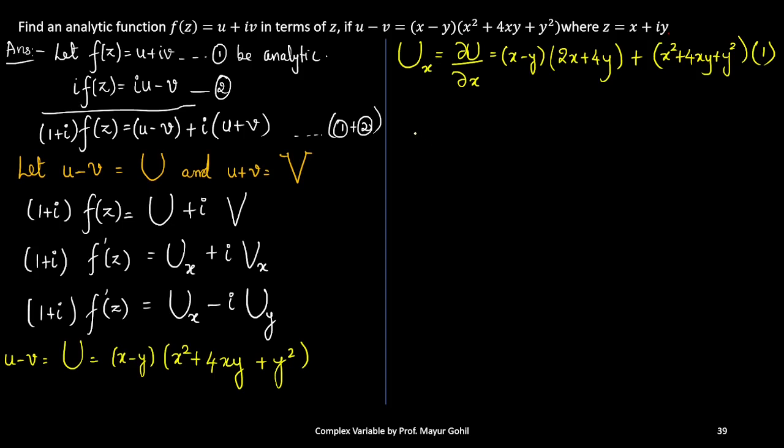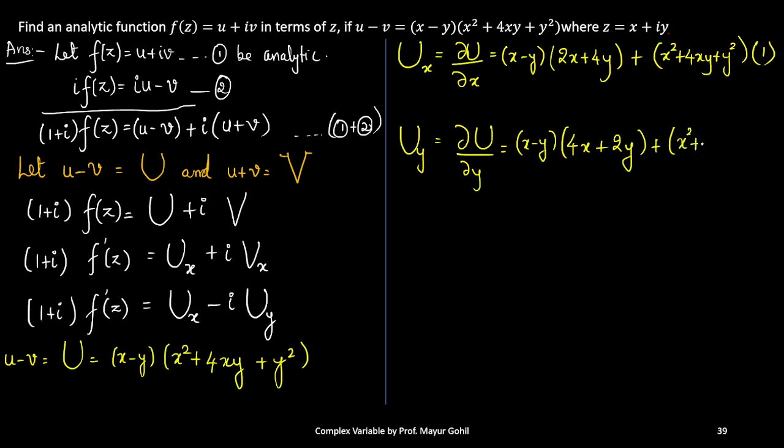Now we write U suffix y, the derivative daba U over daba y, that will be (x minus y) times (4x plus 2y) plus (x square plus 4xy plus y square) into minus 1.